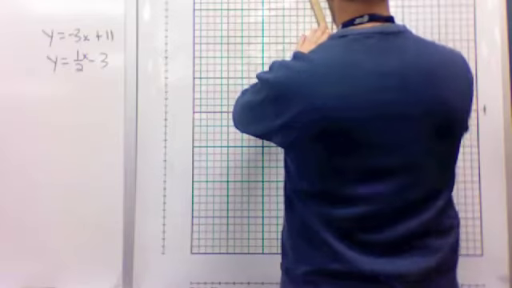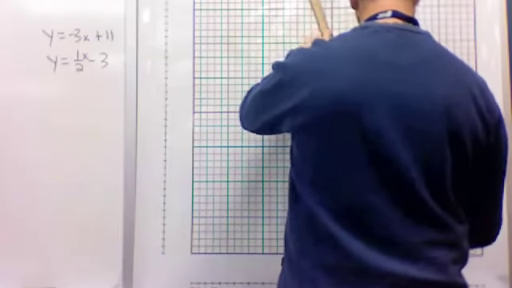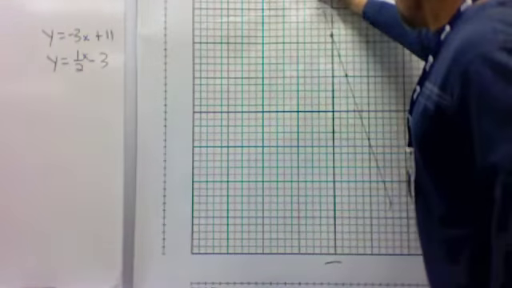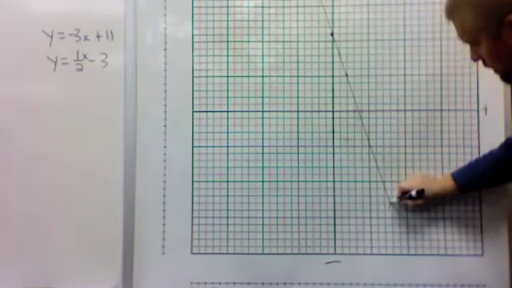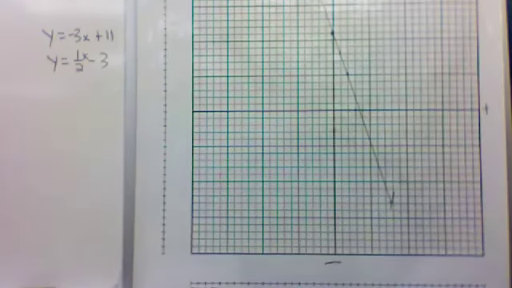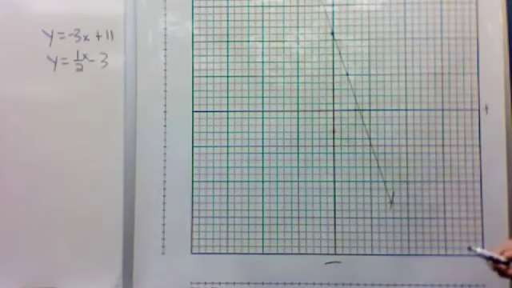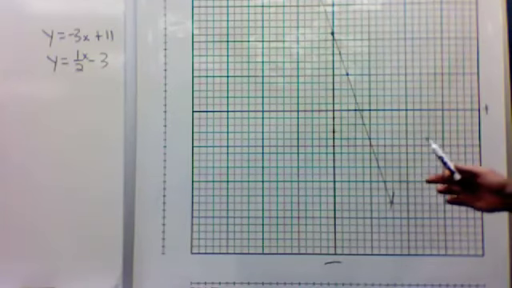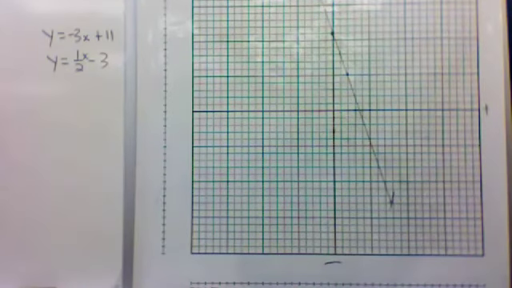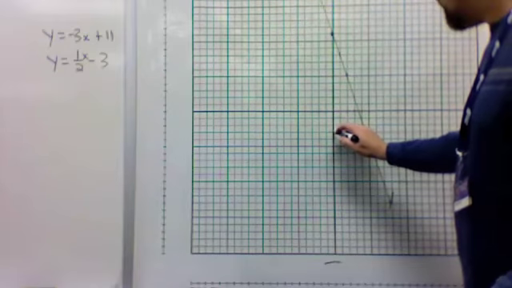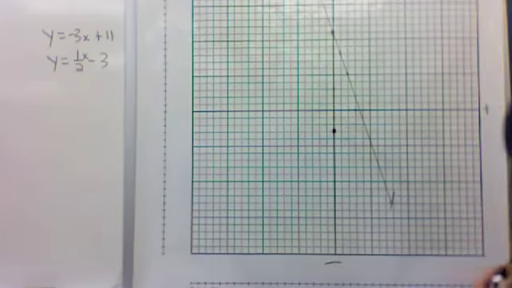Now you want to be as accurate as possible when you're graphing these lines, because the solution is going to be where they cross. Graphing is most effective when they cross at major points like (1, 1), (2, 2), (4, 5), whatever. Graph the other line: our y-intercept is -3, so we go down to -3 and put a dot.